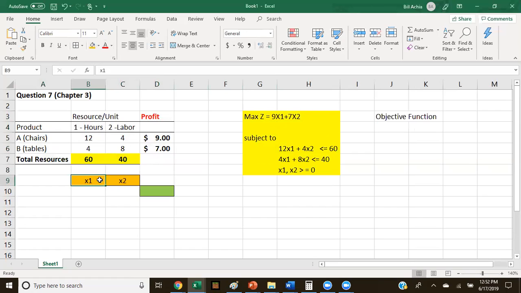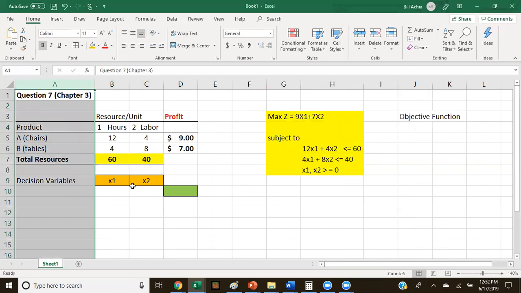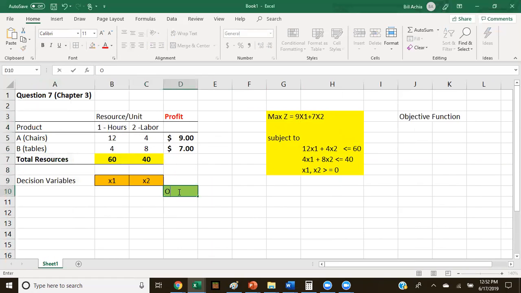I'll leave this blank for now. We just assume that these are decision variables, because the decision here is how many chairs and how many tables we should manufacture. Now we need to know what's our objective function, but we also need to list down our constraints. So typically what we would do, and I'm going to go ahead and do it here, is list my constraints horizontally.